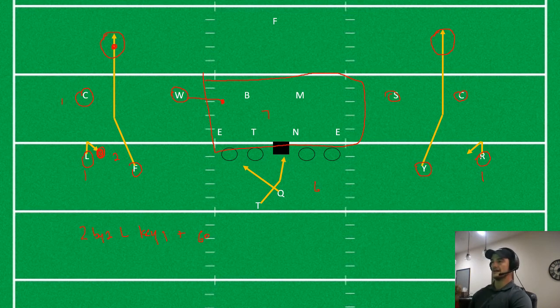So the main point with this one, guys, is if I call a key 1, you are running the key 1. The only thing that changes with the key and goes is if I'm pulling this and you were blocking, your block now turns into a go route.